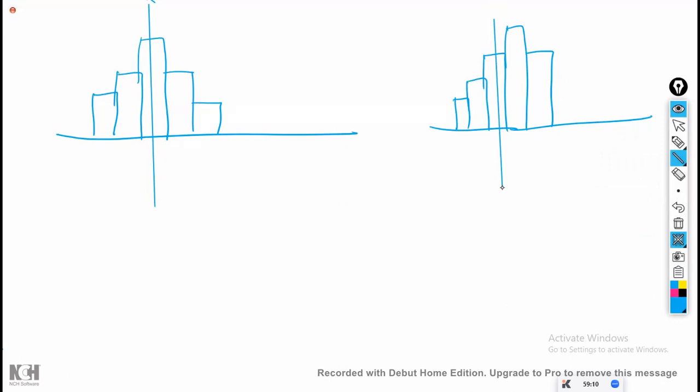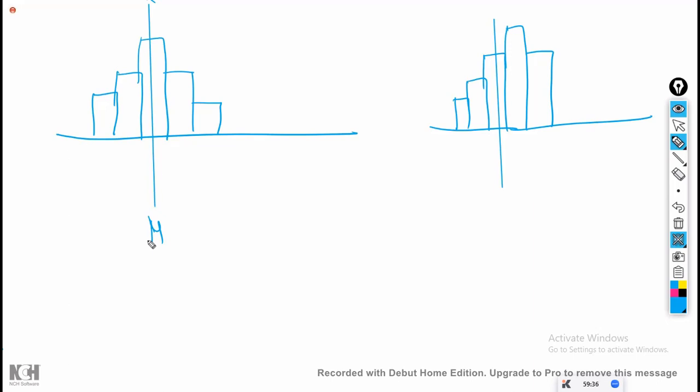No, this is called a non-symmetrical distribution, and the earlier one is a symmetrical distribution. Center means mean. From the mean, if the diagram on the left side and on the right side are the same, then it is called a symmetrical distribution. If it is not symmetrical, it is called an unsymmetrical distribution.